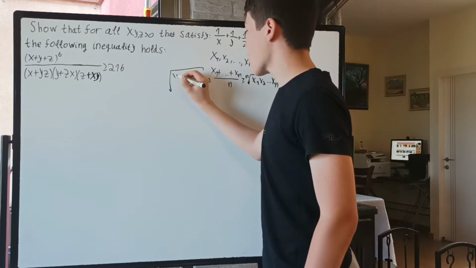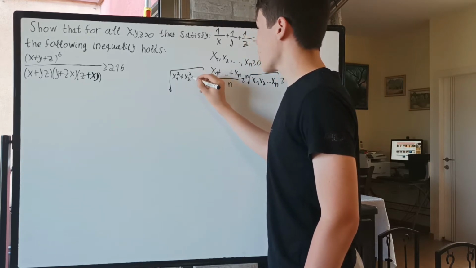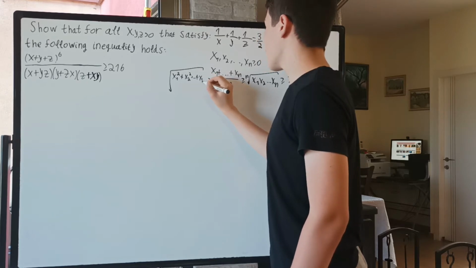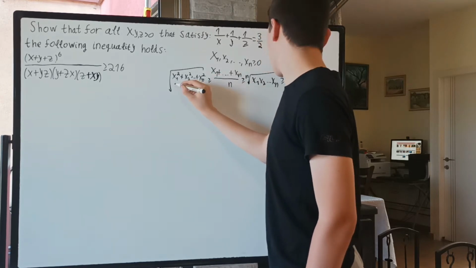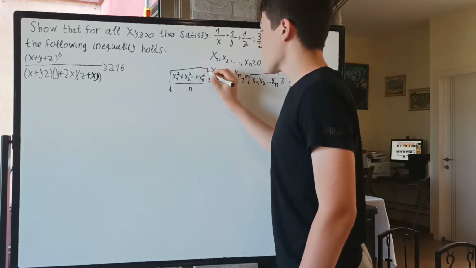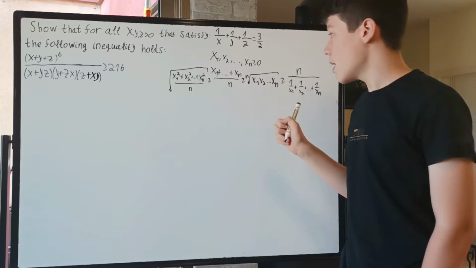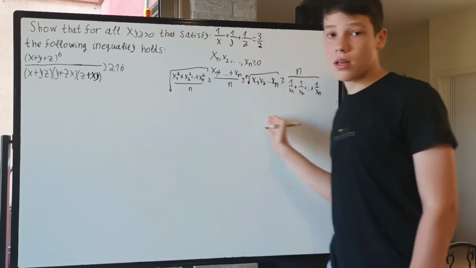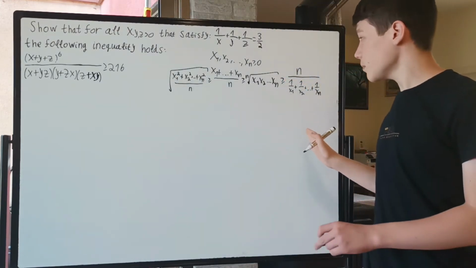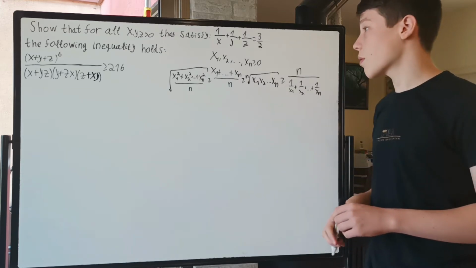You take the square root of x1 squared plus x2 squared up until xn squared, divided by n. So basically take the arithmetic mean of the squares and do the square root. This is the full-on AM-GM inequality, and we're going to use every single part of it.